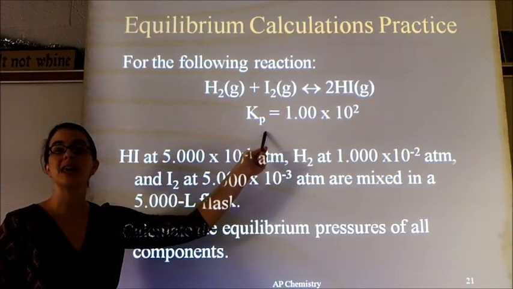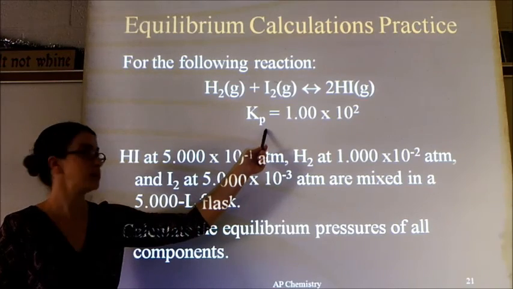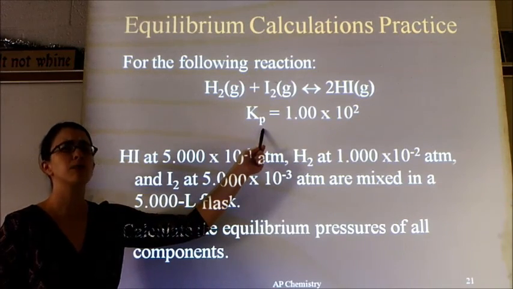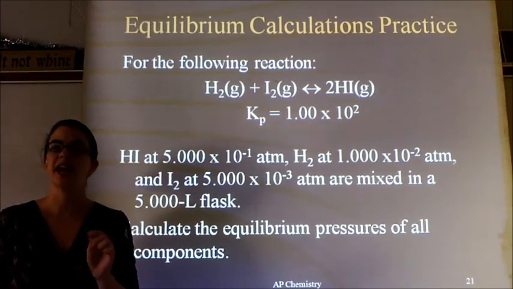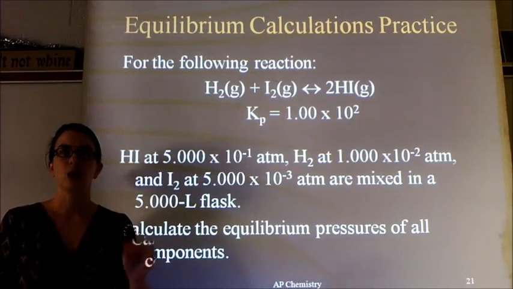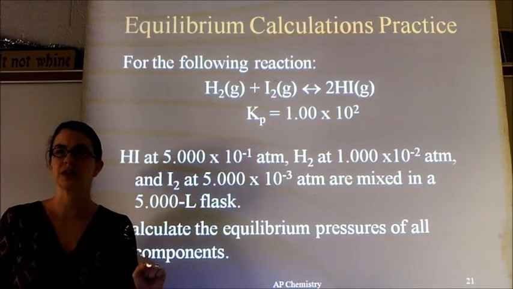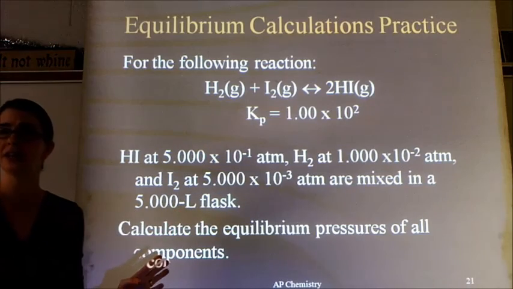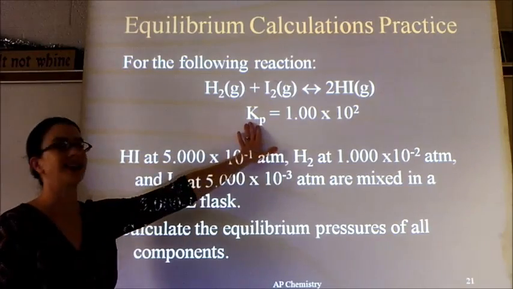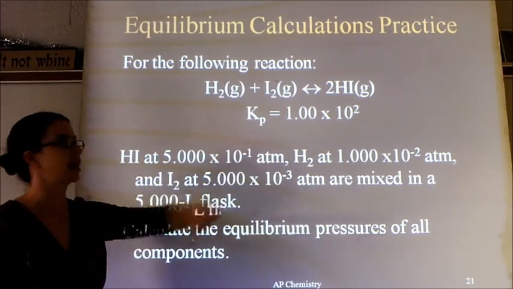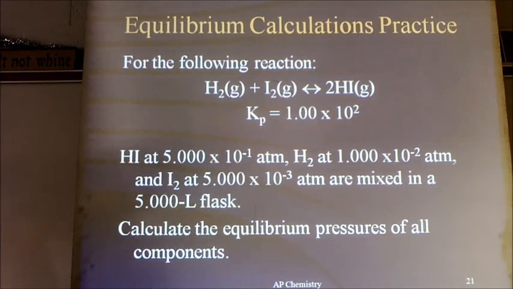That's a Kp value. What does P stand for again? Pressure. Ladies and gentlemen, you can set up an ICE table with partial pressures. It doesn't have to be molarities. The only difference is you would be using a Kp value instead of a Kc value. The rest is exactly the same.